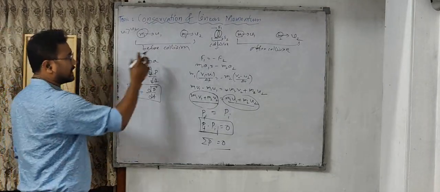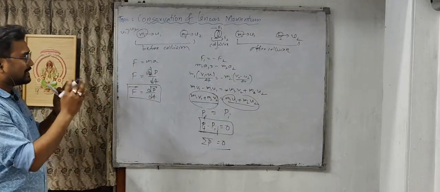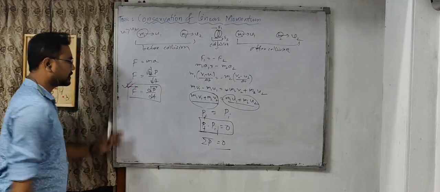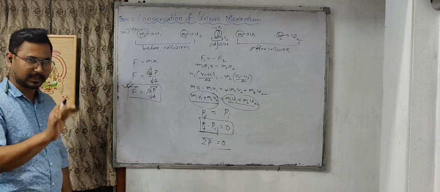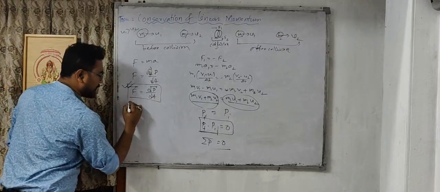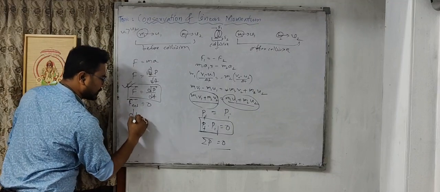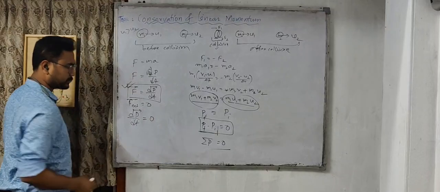Now, when we started this topic, I told you that there should not be any external force. So in that case, F external is 0. That means dP by dt is 0.